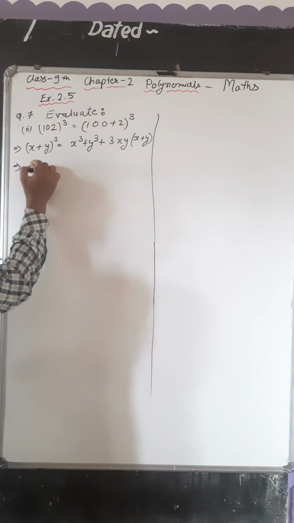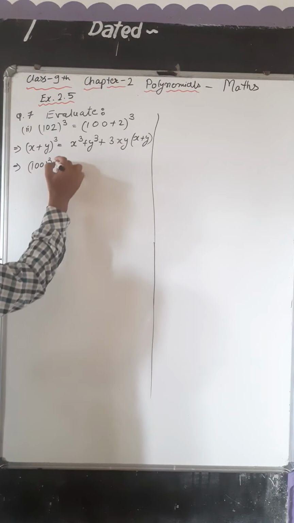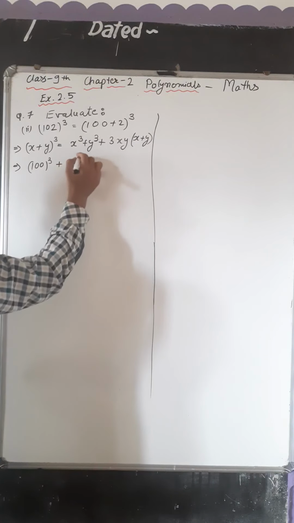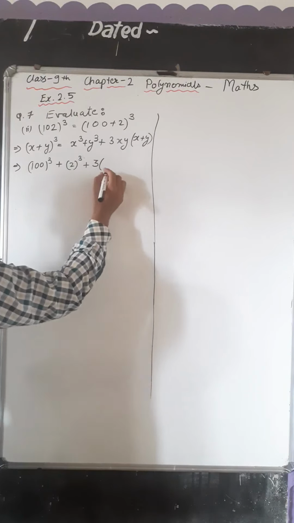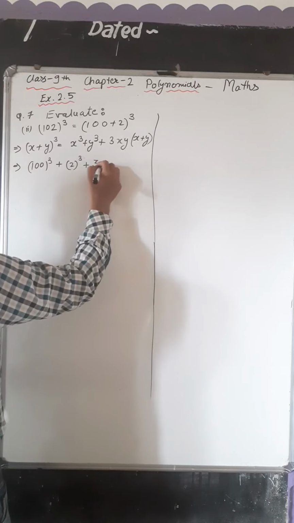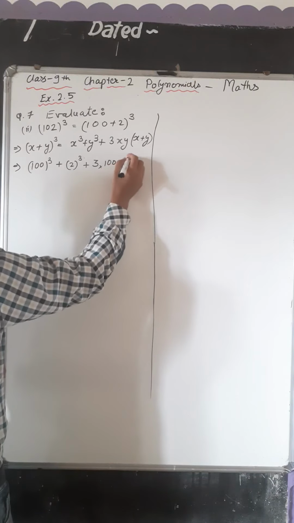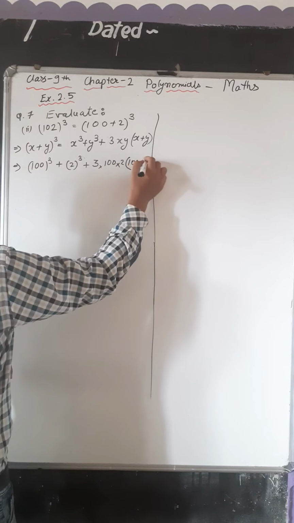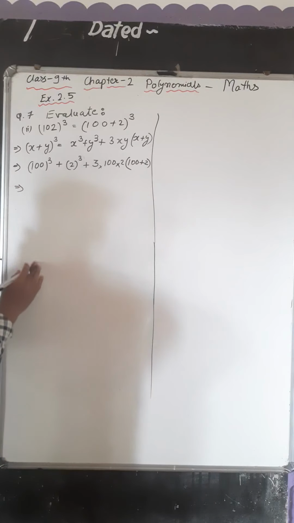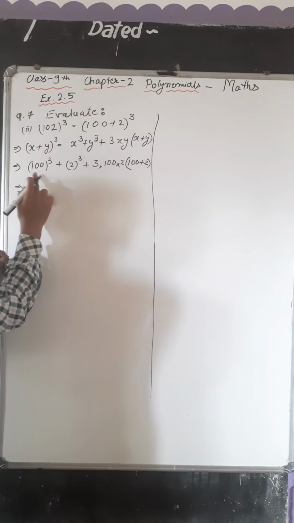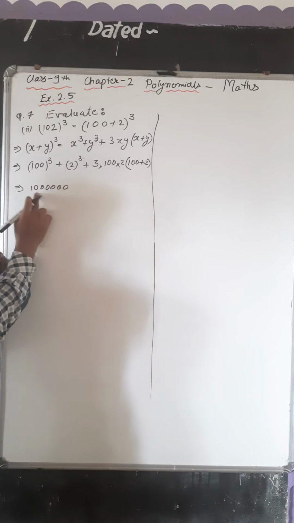Write 100 in the place of x, so cube of 100, then cube of 2, then 3 into 100 into 2 and (100 plus 2) inside. What will be the answer of this? 100 cube is this, 6 zeros.